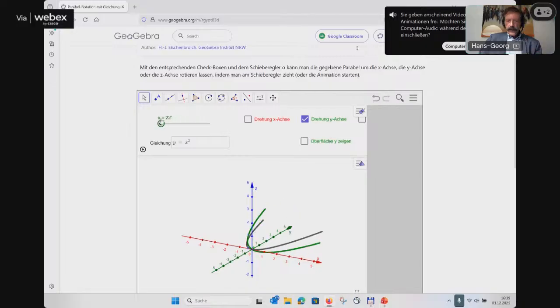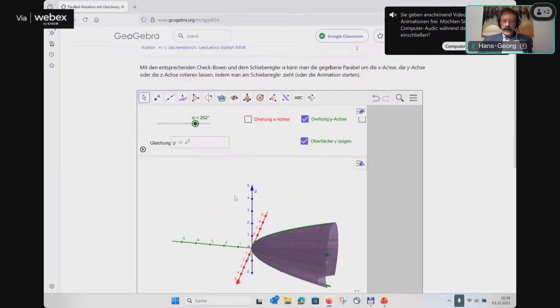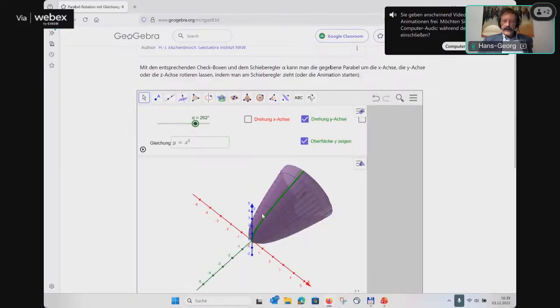If you do the surface of this rotation, then you get this in 3D. And this is what we have already seen as the satellite antenna with special properties, why you can use it as an antenna. This is a different aspect you can of course see.